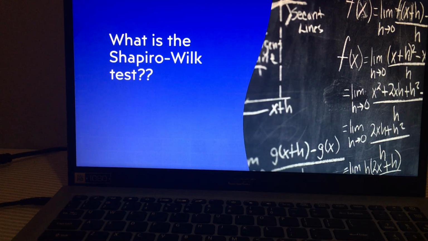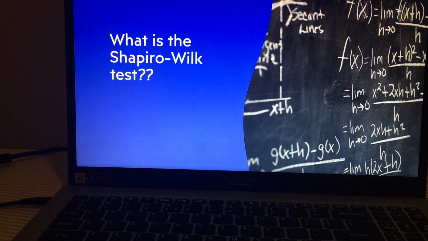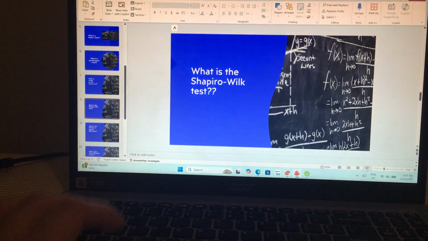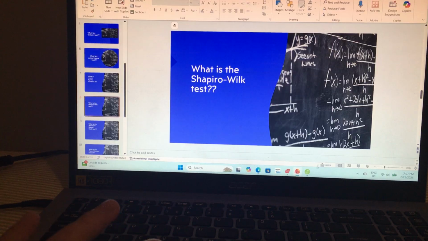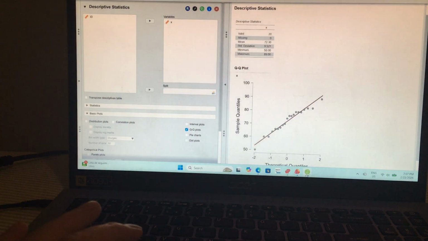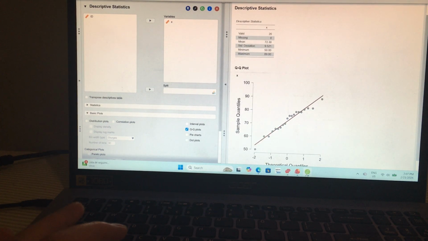To get the Shapiro-Wilk statistic when you conduct your t-test in the JASP statistical software, we're going to go under the assumption check. Let's just look really quick here.